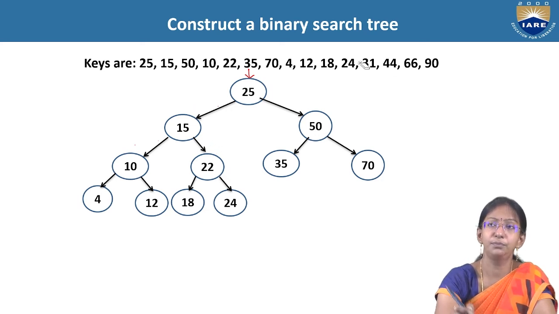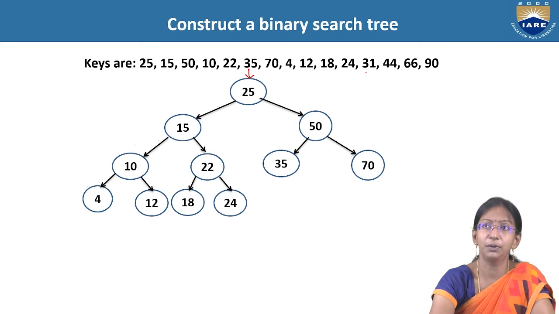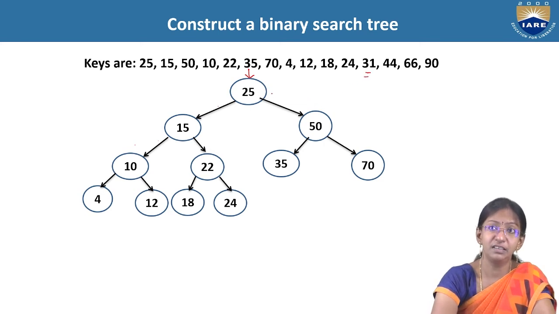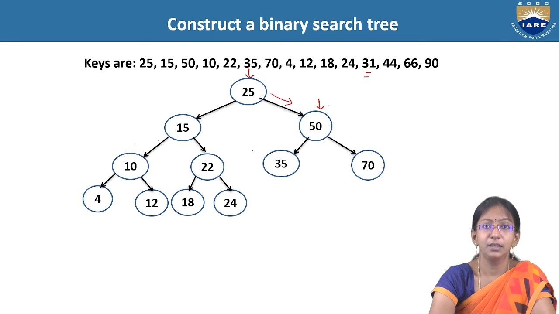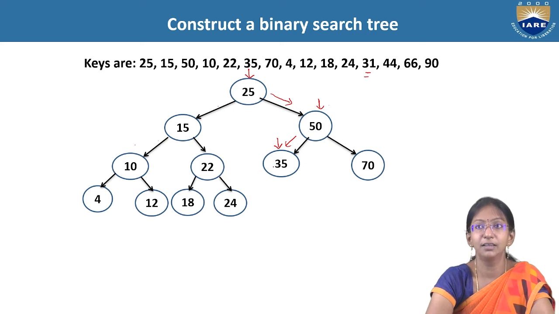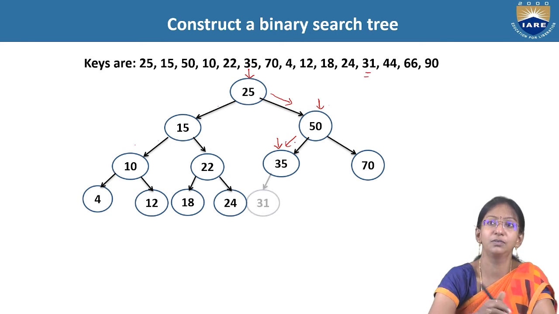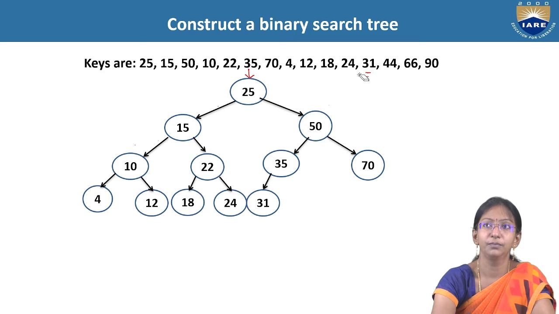Next element to be considered is 31. Okay, so as 31 is greater than 25, travel towards right. Compare it with 50, it is less than 50, travel towards its left. Compare it with 35, it's lesser. Travel towards the left, but there is no left child for 35, so introduce 31 as the new left child of 35.